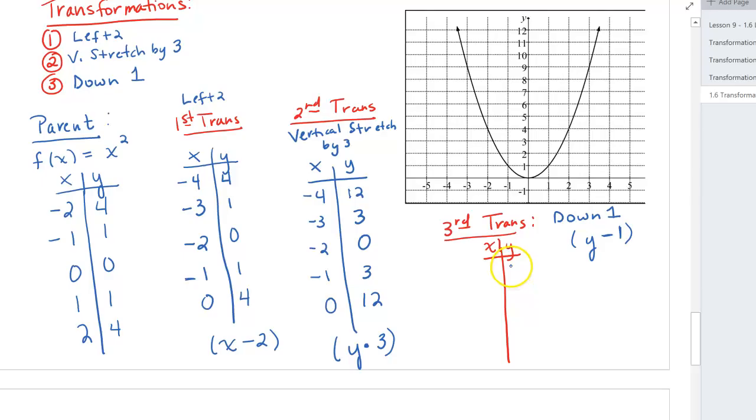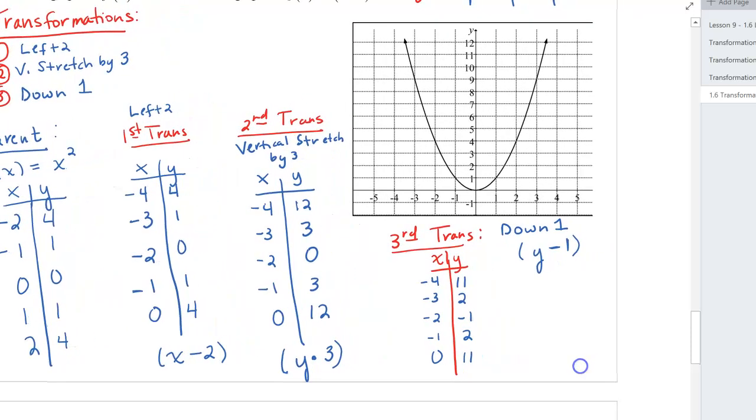So 12 minus 1 is 11. 3 minus 1 is 2. 0 minus 1 is negative 1. 3 minus 1 is 2. 12 minus 1 is 11. I'm going to bring my x values over now that I'm done with my transformed values. And that was the last transformation, so now I'm ready to graph it.